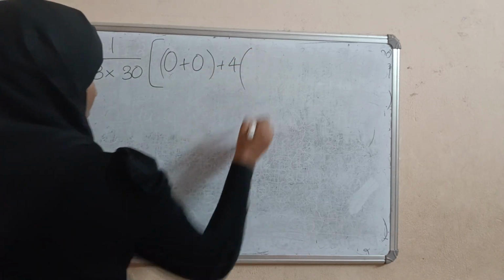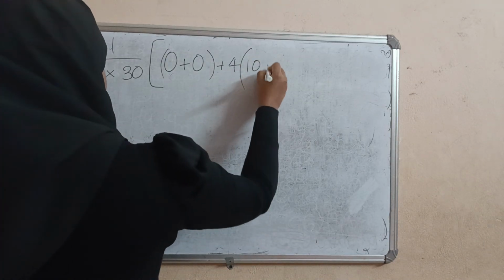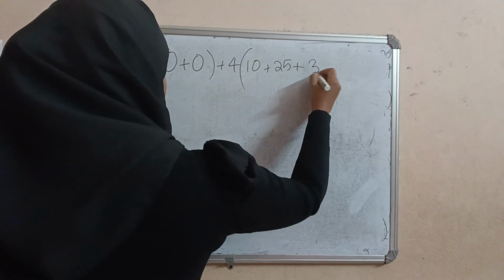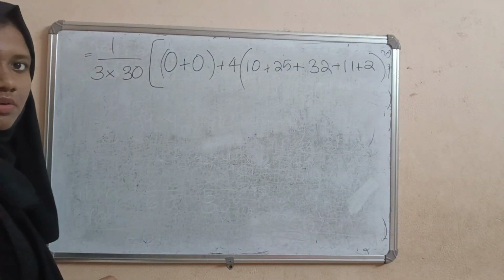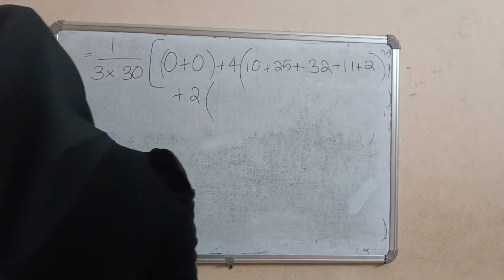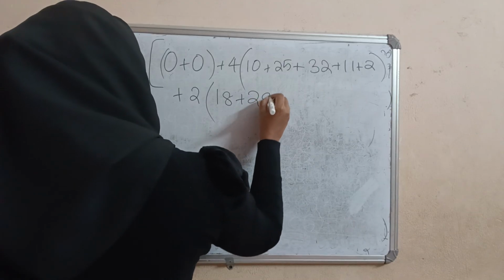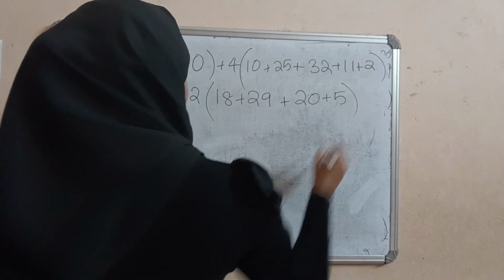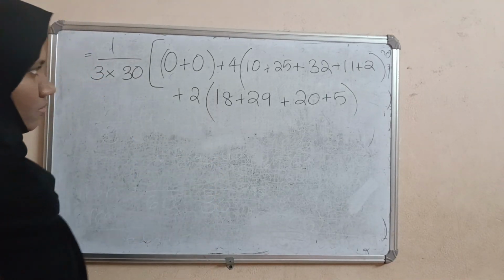plus 4 into the sum of the odd terms. What were the terms? 10 plus 25 plus 32 plus 11 plus 2, the sum of the odd terms, plus 2 into the sum of the even terms: 18 plus 29 plus 20 plus 5. Plus 0 is our last term, which I'm not taking.